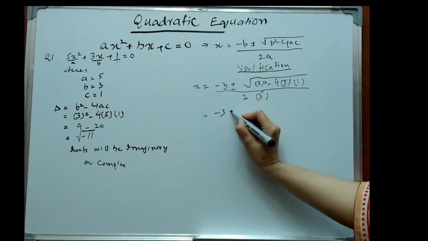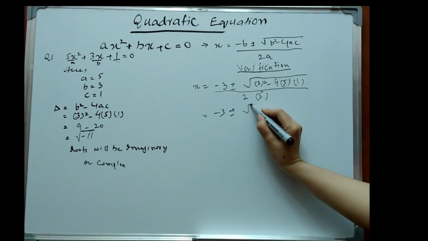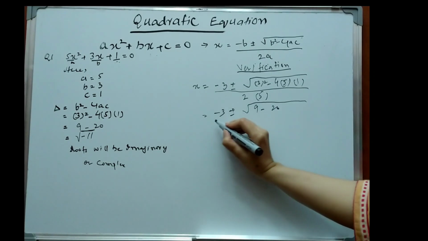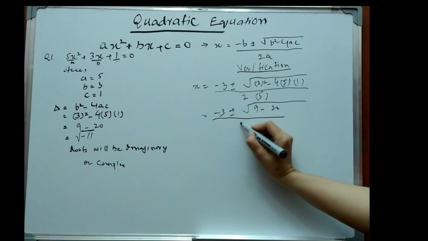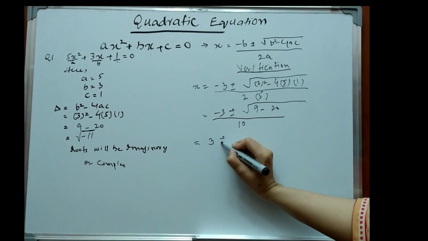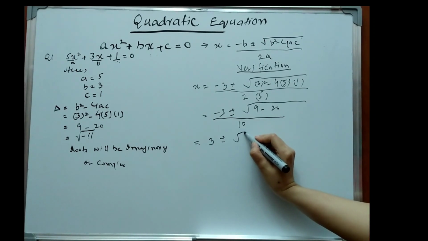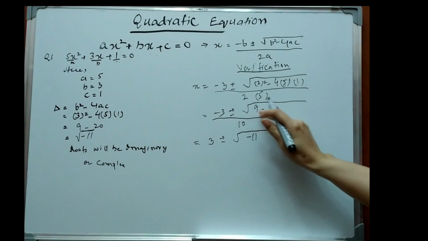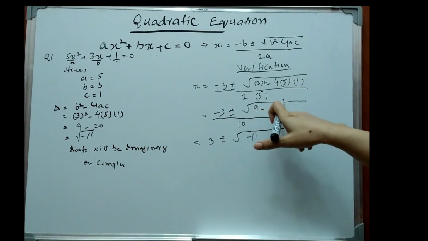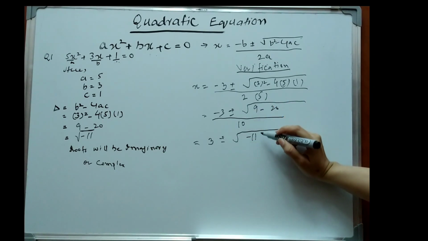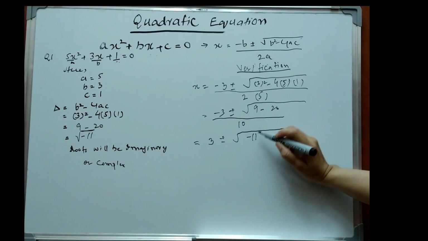So minus 3 plus minus root of 3 3s are 9 minus 20, upon 10. That is minus 3 plus minus root of 9 minus 20, again minus 11. Here we solve by subtracting: 20 minus 9 is 11, but the sign will be of the bigger number, which is 20, so the sign will be negative.